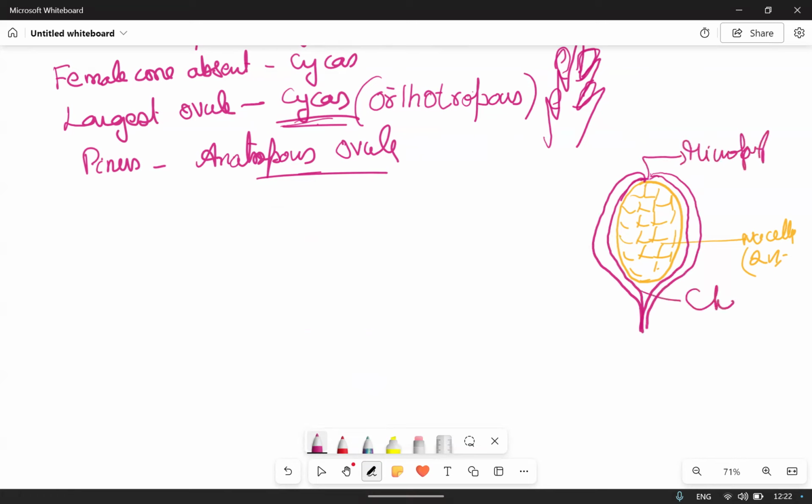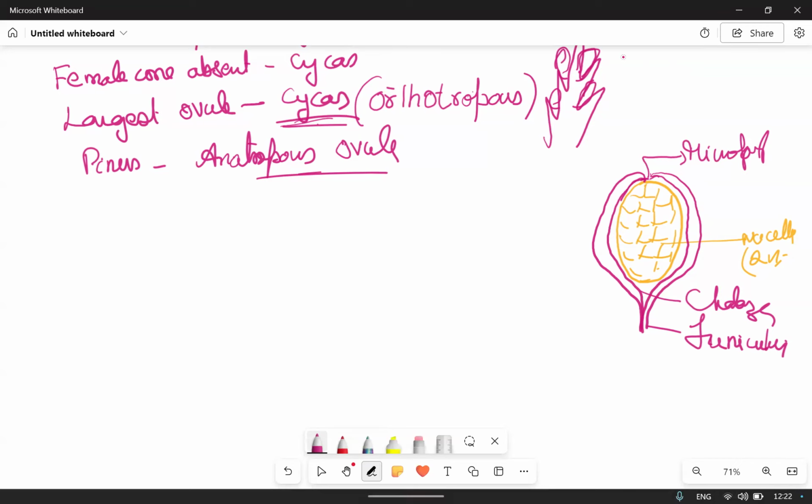This is the chalaza, and this is the funiculus or funicle. All are on the same straight line. That's why this is called an orthotropous ovule. Now listen carefully. This nucellus is diploid.